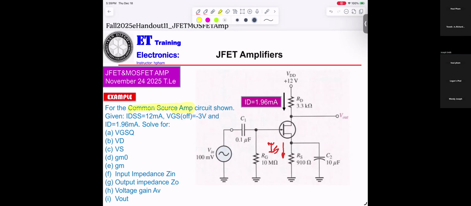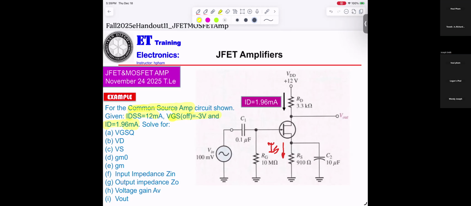Remember, when you're looking at this circuitry, you have to understand this is a common source. And they give IDSS 12 milliamp, VGS off of minus 3 volt, and ID.